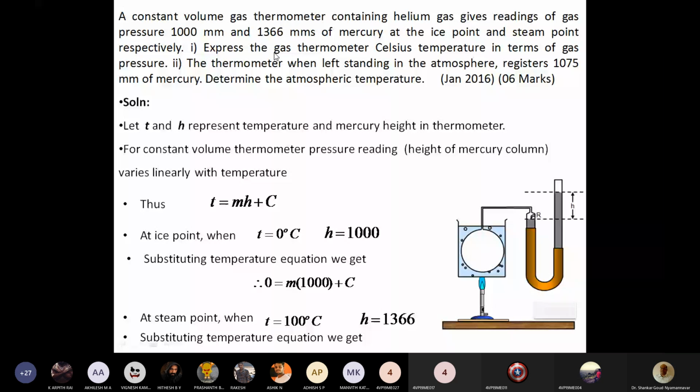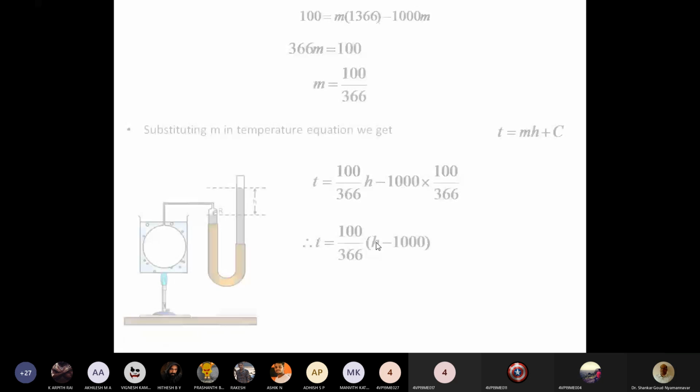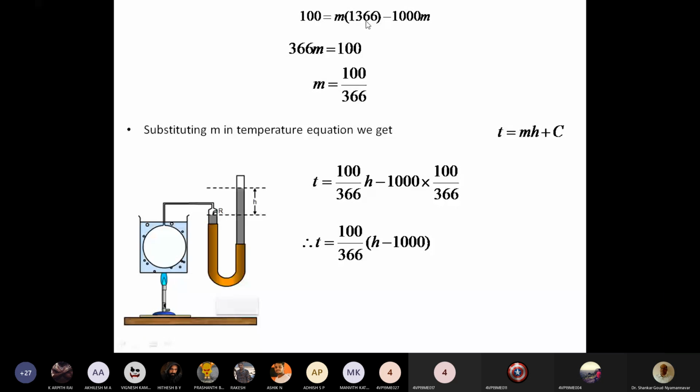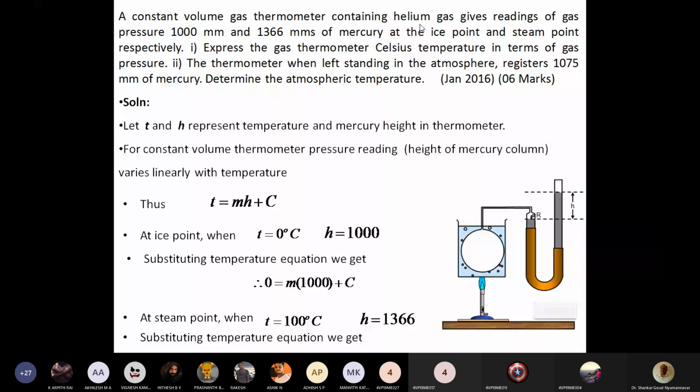So I get two equations: one at ice point, another at the steam point. Two equations I will simultaneously solve. At steam point, 100 is equal to M into 1366 minus 1000 M, which you have got from the previous equation, where C is equal to minus 1000 M. That you have to substitute here.